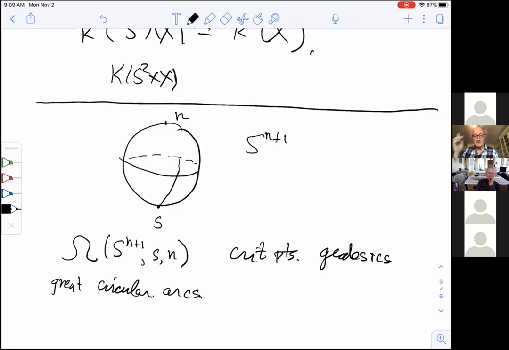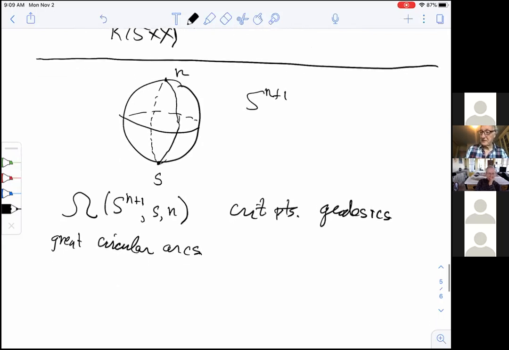Right? And of course, it's an arc for a while. It starts at the South Pole. After some finite time, it will reach the North Pole. It will continue on the backside, back to the South Pole, and it'll just wrap around and around and around. That's what geodesics look like.